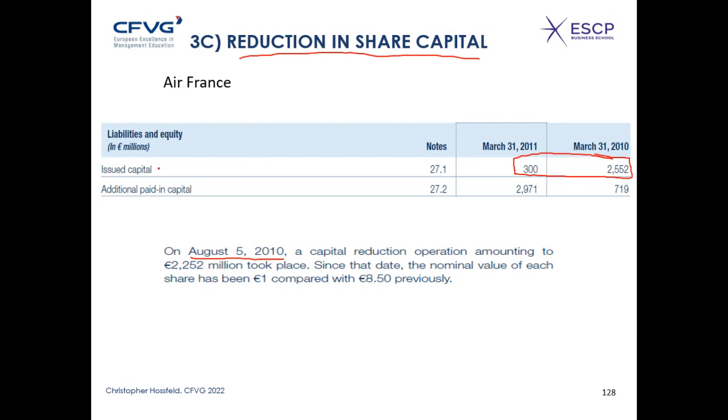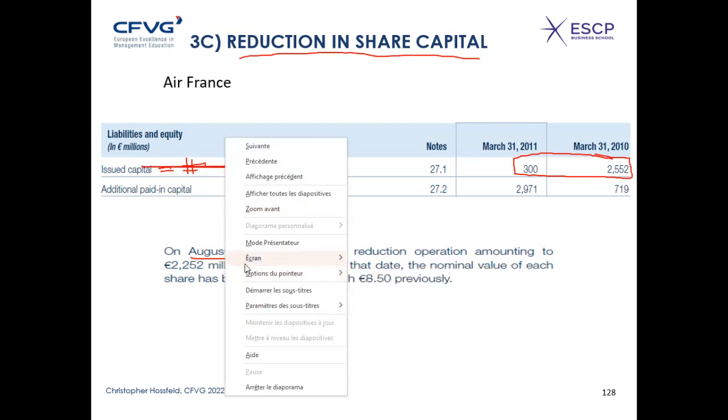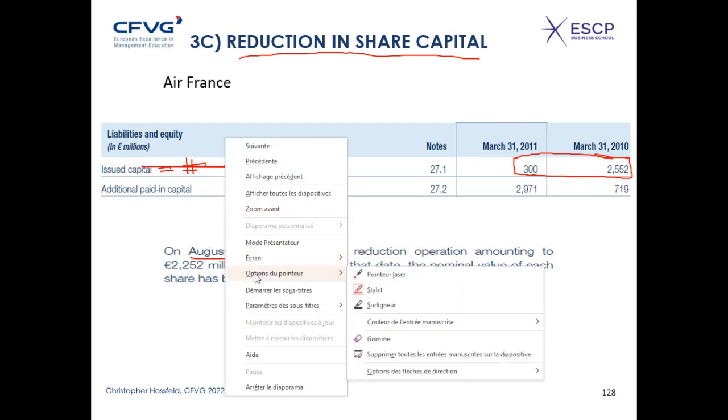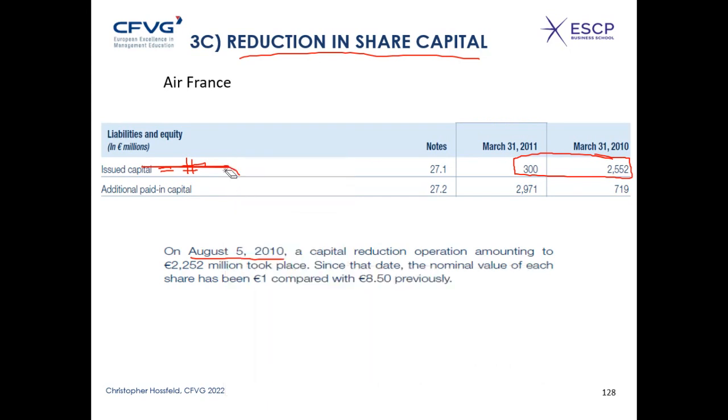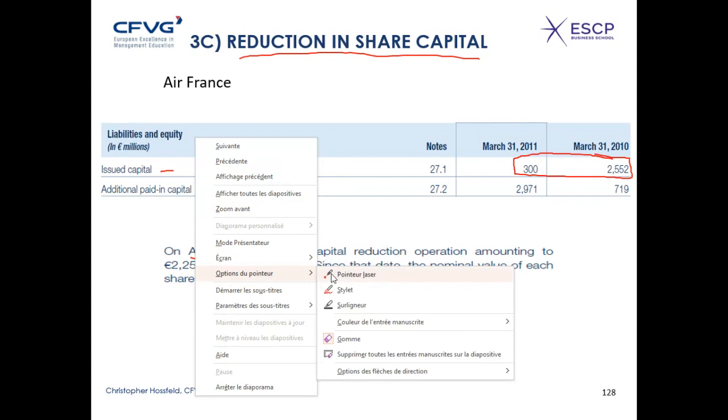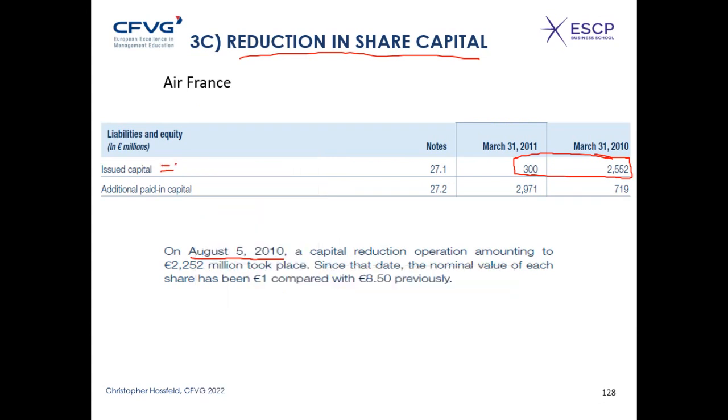Remember, the issued capital or share capital equals the number of shares that the company has issued multiplied by the par value. So number of shares multiplied with the par value.